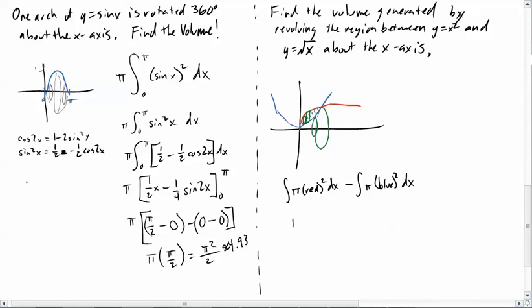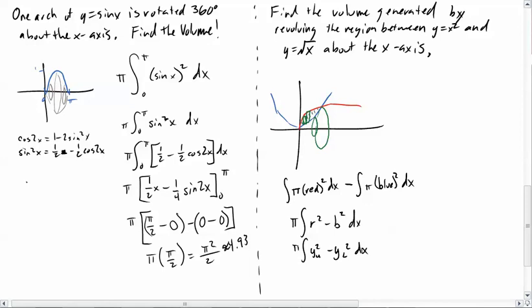Okay, another way to write this, of course, would be pi, because these integrals are the same from whatever this number is to whatever that number is, 0 to 1, of red minus blue. Or in terms of what we've seen before, pi times the integral of y upper squared minus y lower squared. Okay, and by doing that, you could then find the volume of that section.